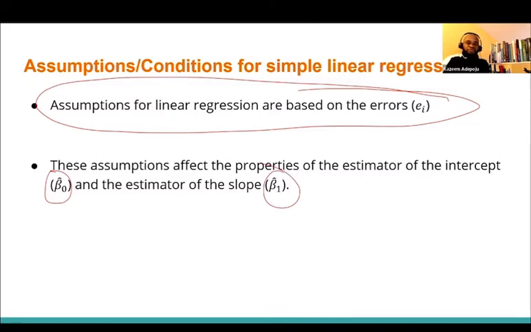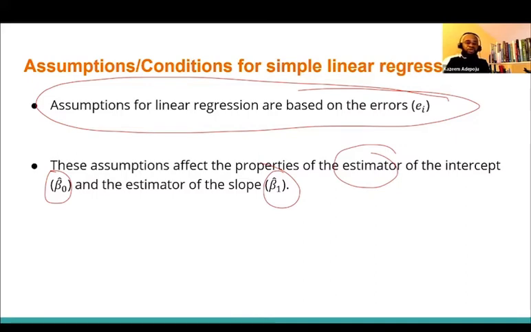Because they have formulas, we refer to them as estimators. The beta naught cap has a formula, the beta 1 cap has a formula, so of course we refer to them as estimators. What is an estimator? An estimator is a method, or a formula, that you use in estimating your parameters. That's what we mean by estimator.